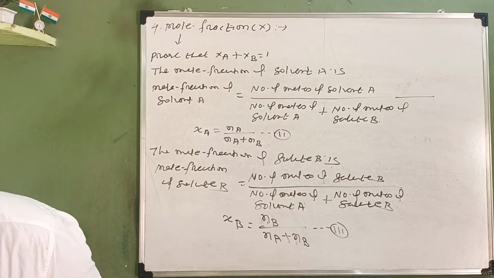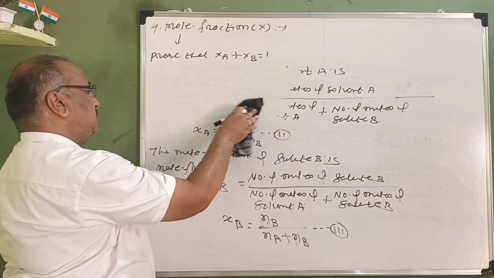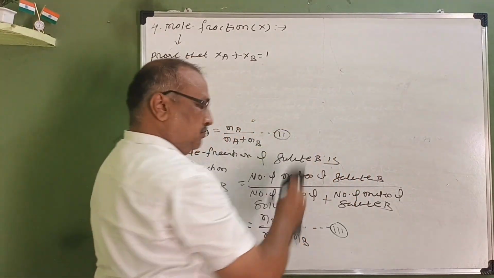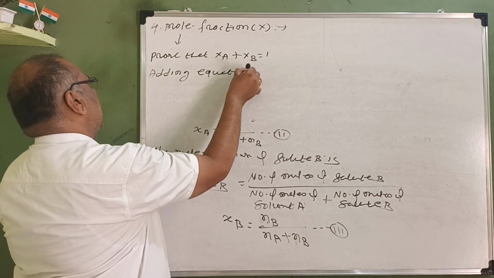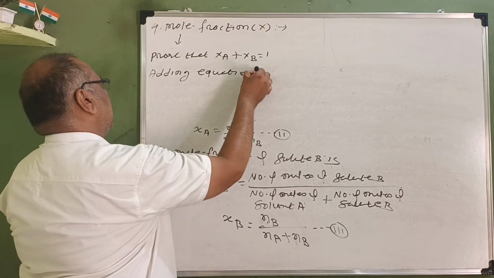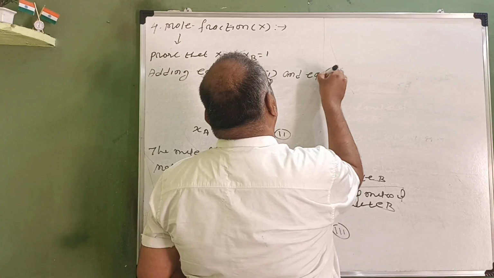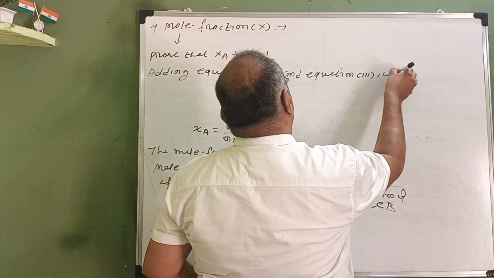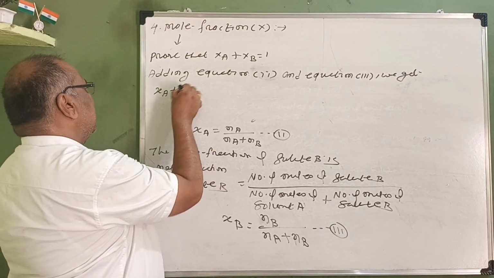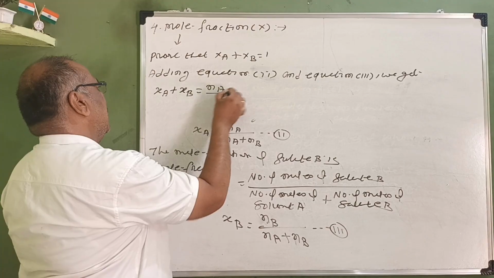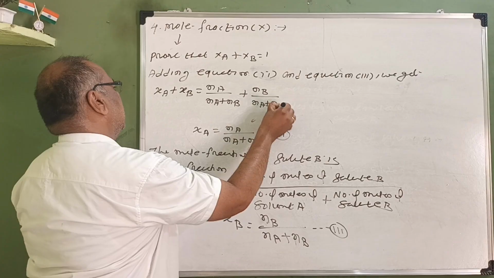Now here, adding equation 2 and equation 3, we get XA plus XB equal to Na upon Na plus Nb plus Nb upon Na plus Nb.